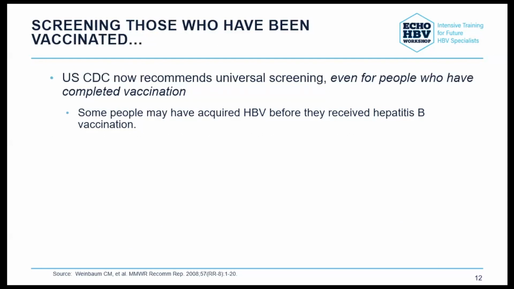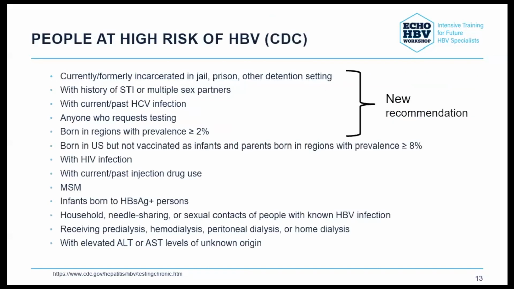Now, not only that, the CDC also lists some of the high-risk populations where, even during the screening, you should give vaccination immediately. And for those at high risk for reinfection, listed here, the CDC recommends repeat screening, not just one time.